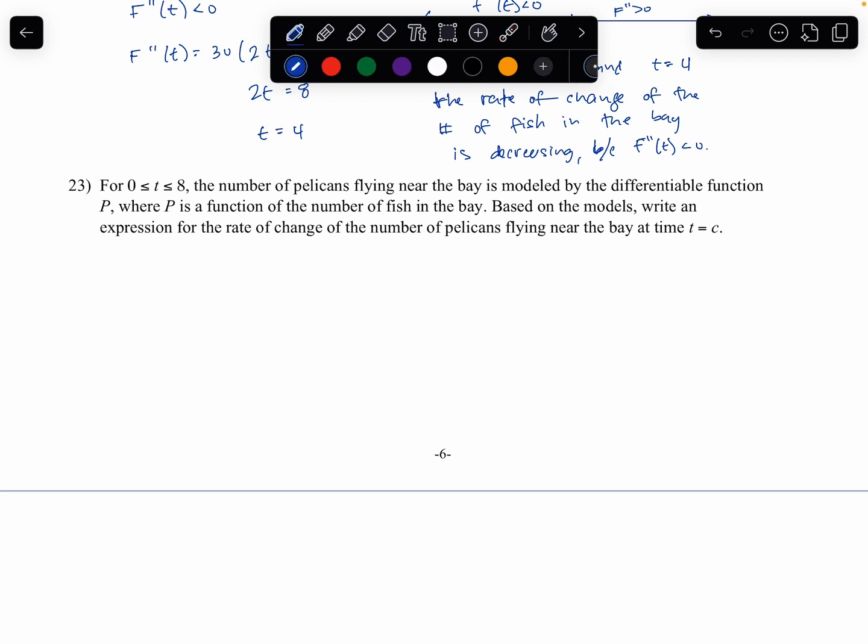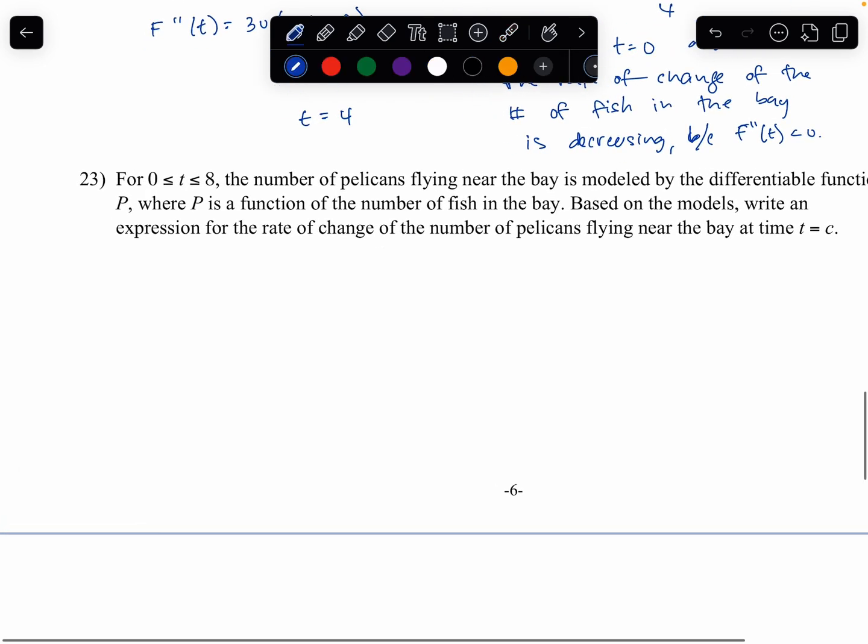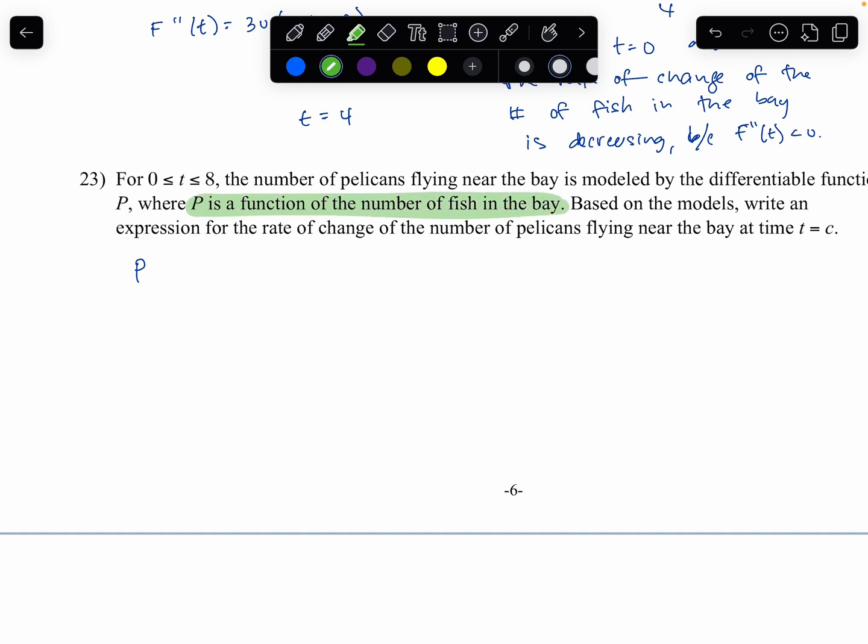So first of all, we're going to write an expression for the function of p. What is the function of p going to be? They don't really give us much, but they do say that p is a function of the number of fish in the bay. So it's kind of like y is a function of x, or velocity is a function of time.